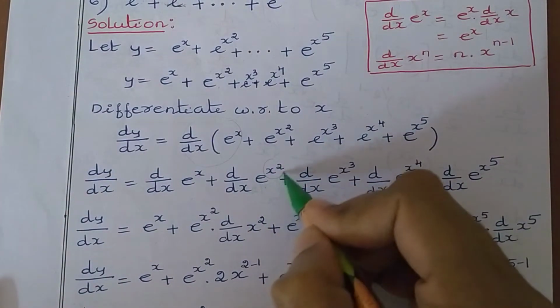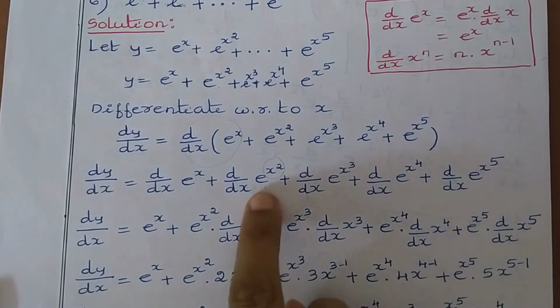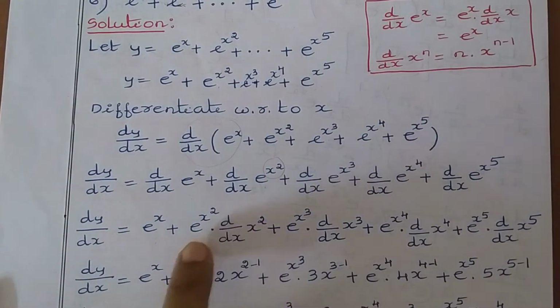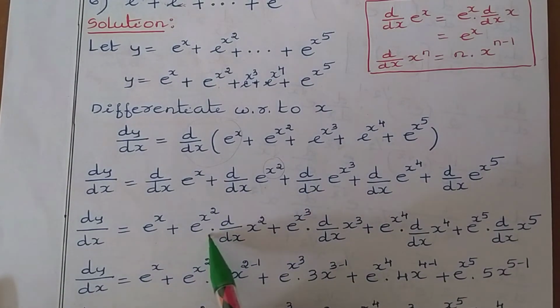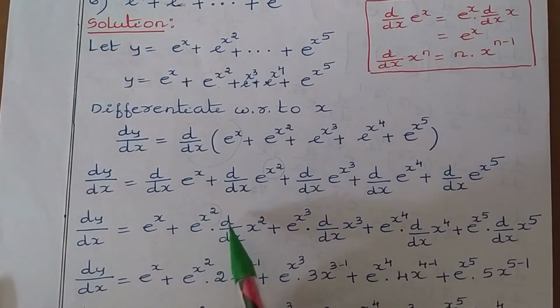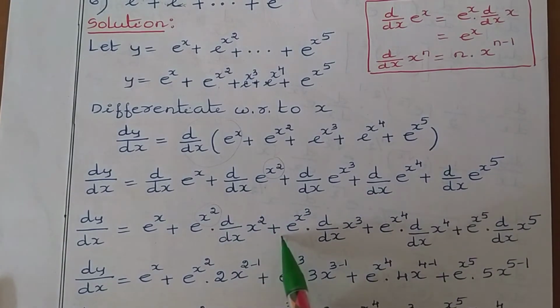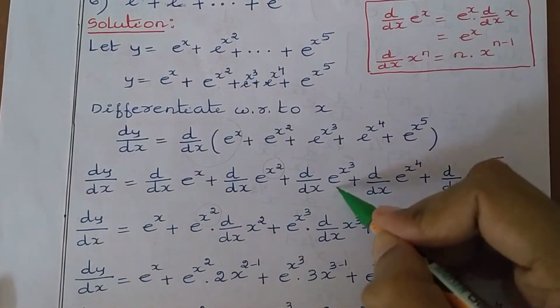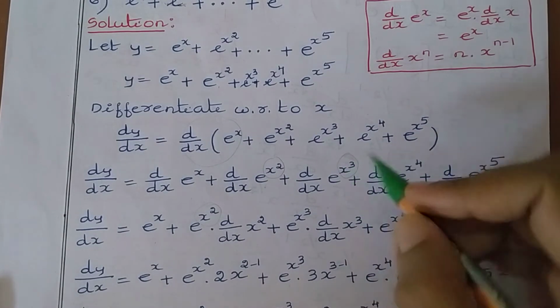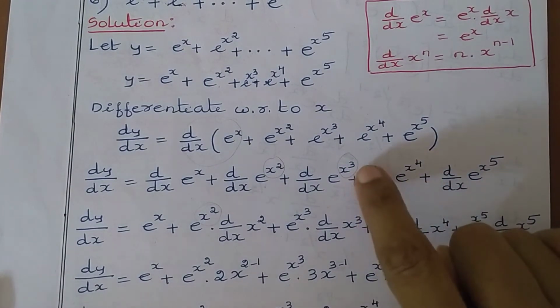Here in the place of x we have x square. So derivative of e to the power x square is e to the power x square. Further, we have to apply the chain rule to this. So d by dx of x square plus derivative of e to the power x cube. In the place of x we have x cube.